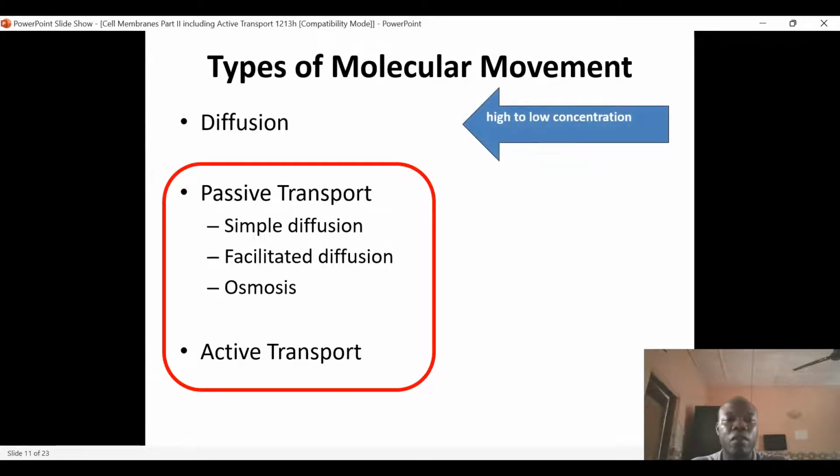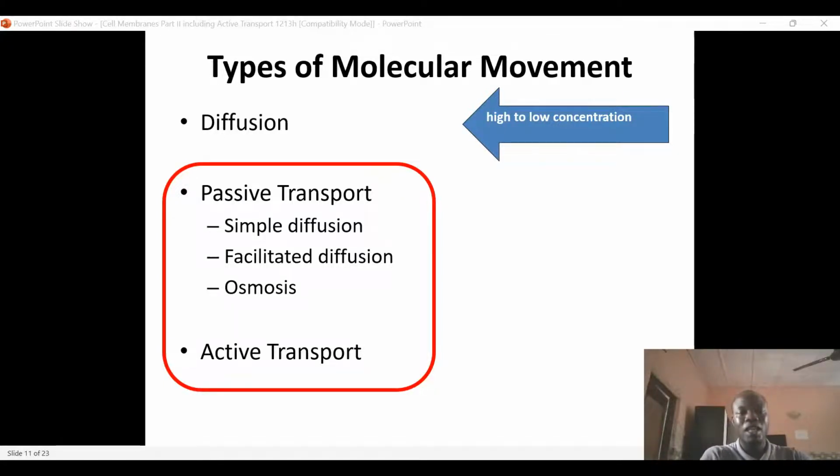So in the case of diffusion, you are moving molecules from a region of higher concentration to a region of lower concentration. Let's say you have two compartments of a cell. In the first compartment, you have 1,000 molecules of glucose, and in the other compartment, you have just 20 molecules of glucose.